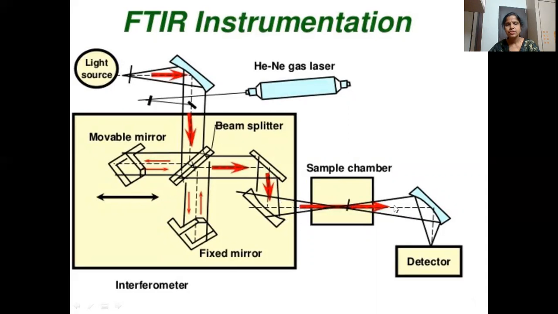These transmitted radiations fall on the detector, the signal is detected, and the detector is connected to a recorder where the spectrum is recorded. So this is the block diagram of FTIR instrumentation.